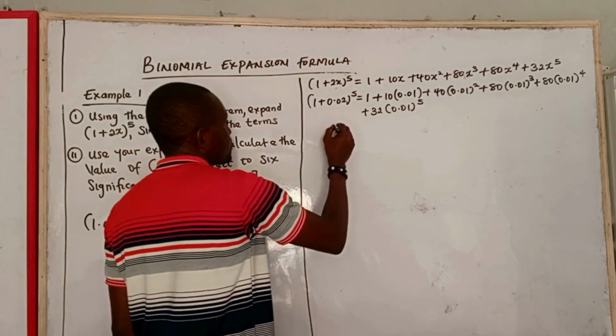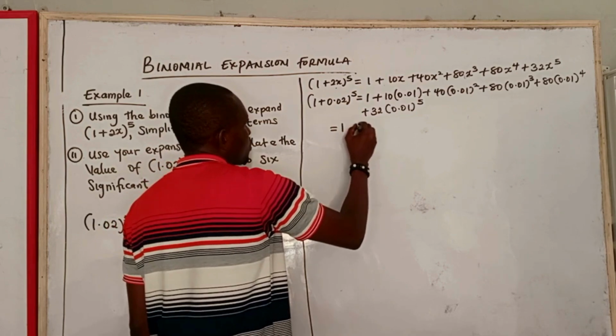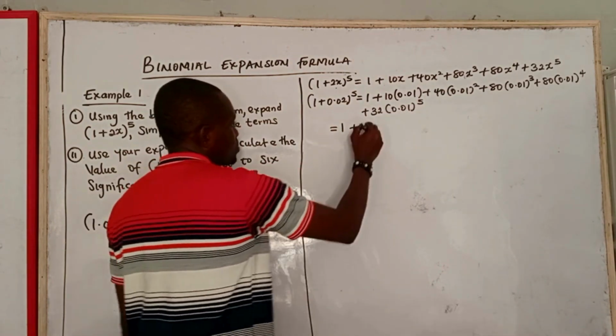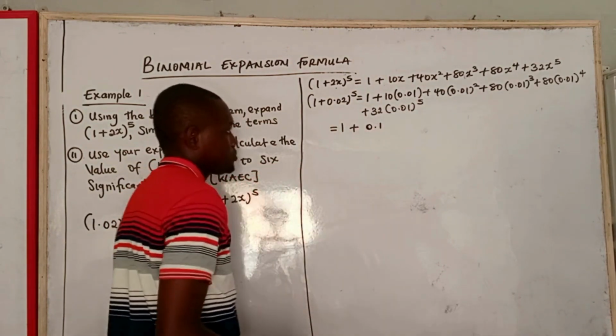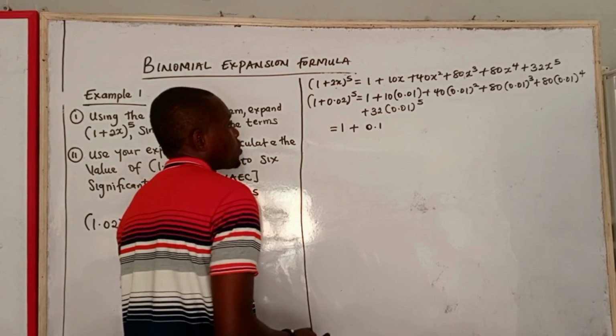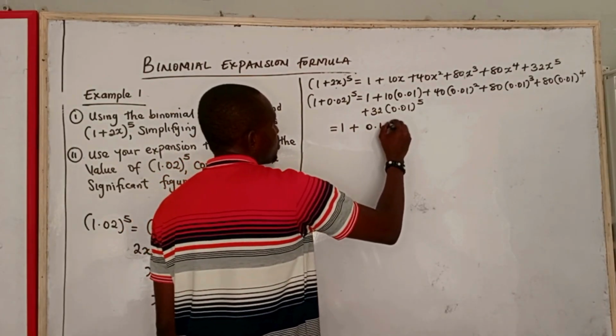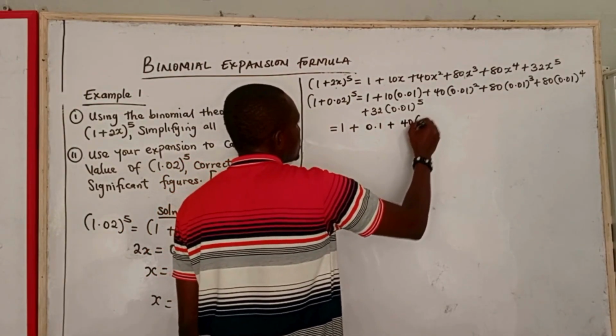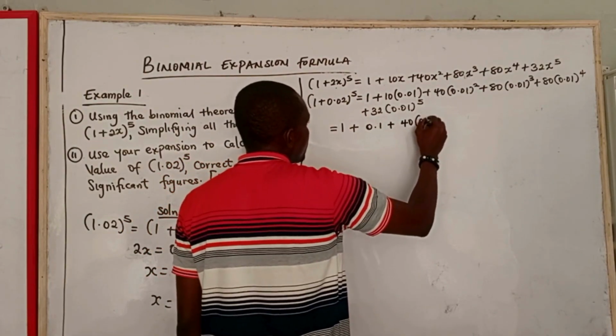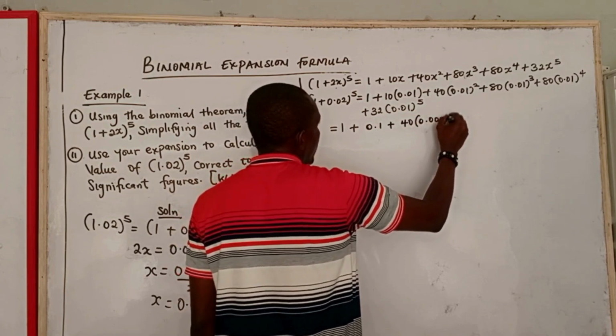Now, if we expand, this will be equal to 1 plus, if you multiply this by 10, you should have 0.1. Then plus 40 times 0.0001, which gives 0.004.